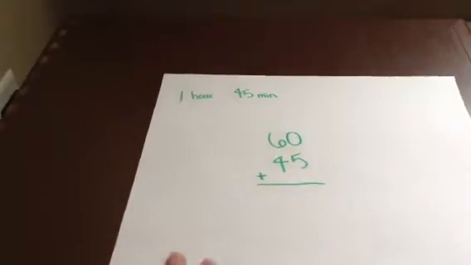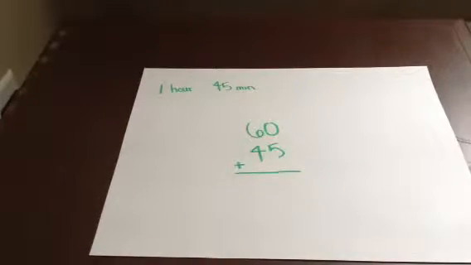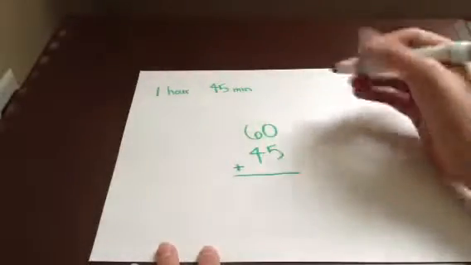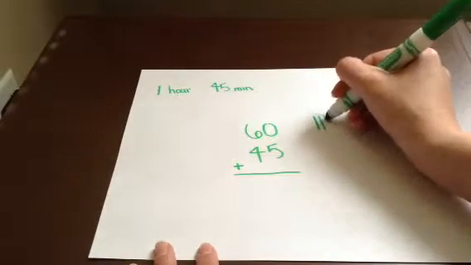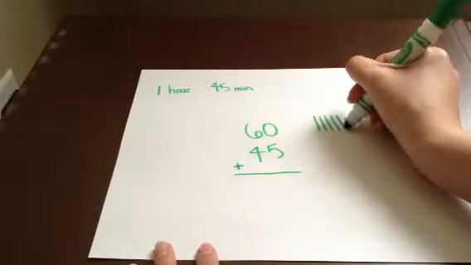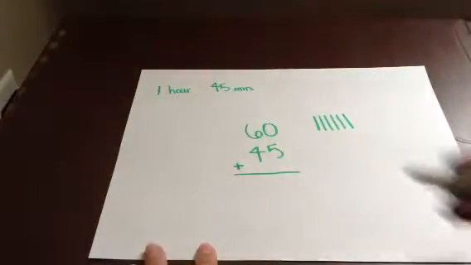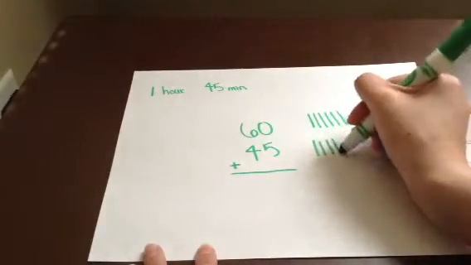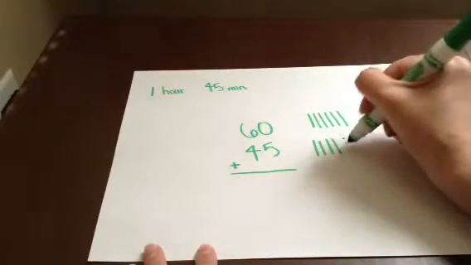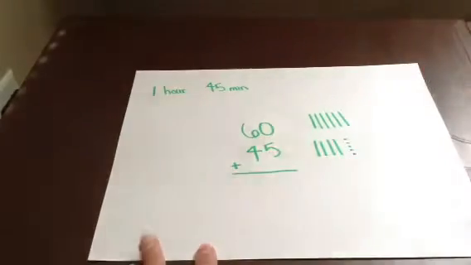And I'm going to use base 10 visuals. I'll use my tens rods to represent 60: 10, 20, 30, 40, 50, 60. And then for 45: 10, 20, 30, 40, 1, 2, 3, 4, 5.